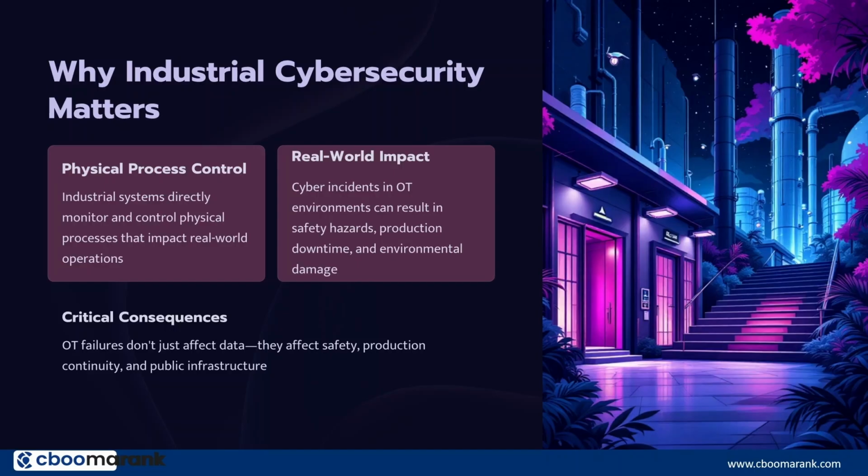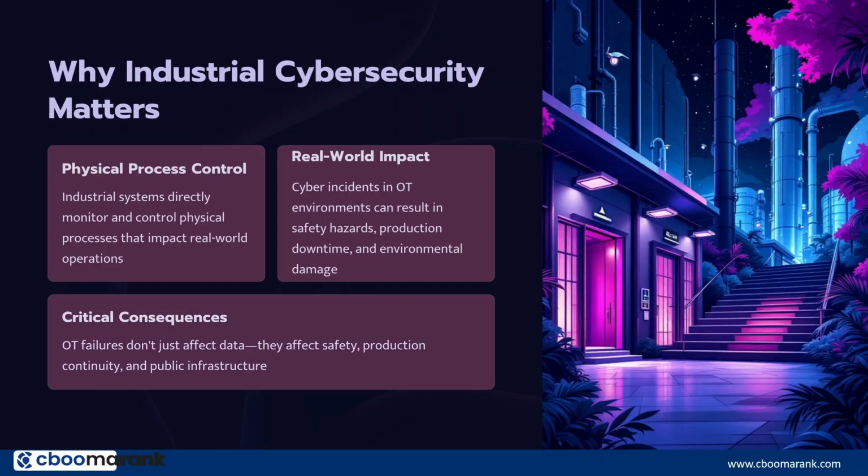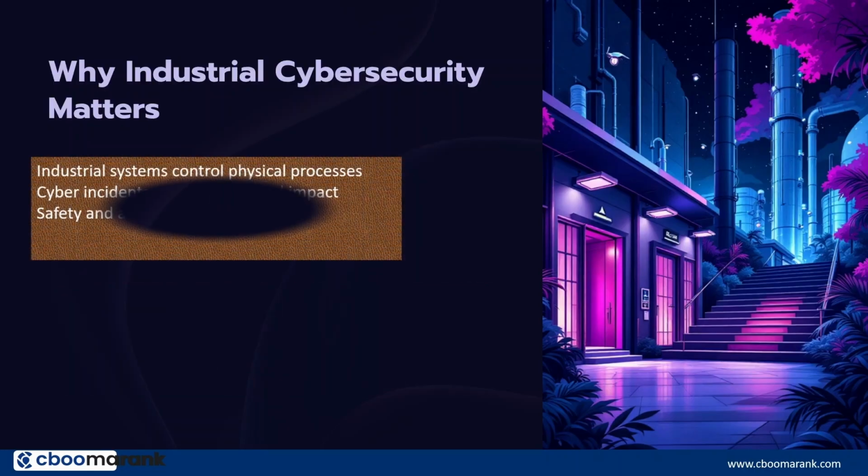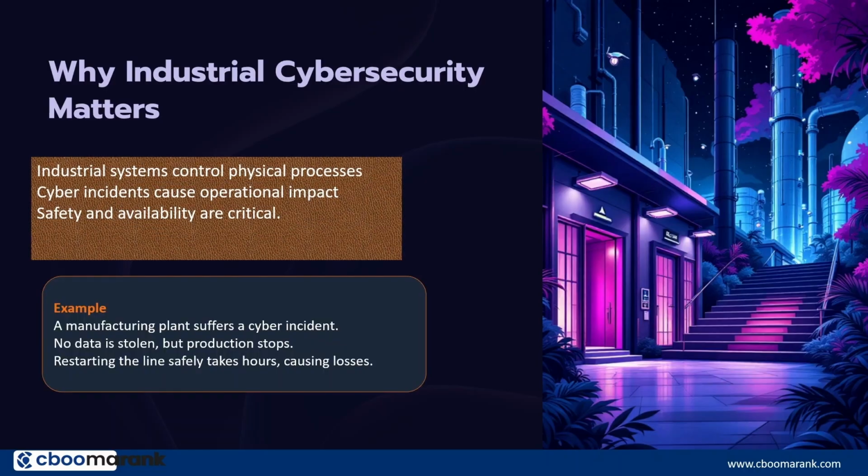Let us see this example. This example is intentionally simple, since industrial systems control physical processes and cyber incidents cause operational impact, so safety and availability are critical and most important. Take this example. A manufacturing plant experiences a cyber incident.